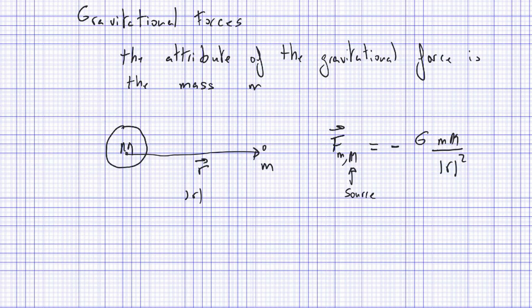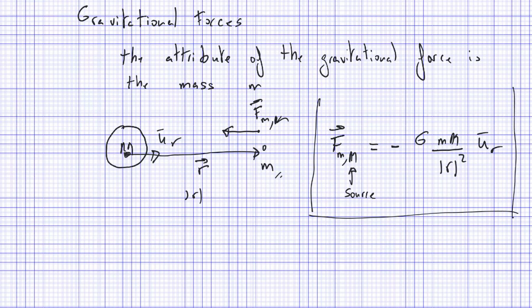So the force is inversely proportional to the distance squared, and the force is in the direction of the unit vector u sub r that goes from the source to the little m. But the force is negative in the sense that the force acting on m is going in the opposite direction of u sub r. So this is the force acting on m due to capital M, the expression for the gravitational force of two masses.